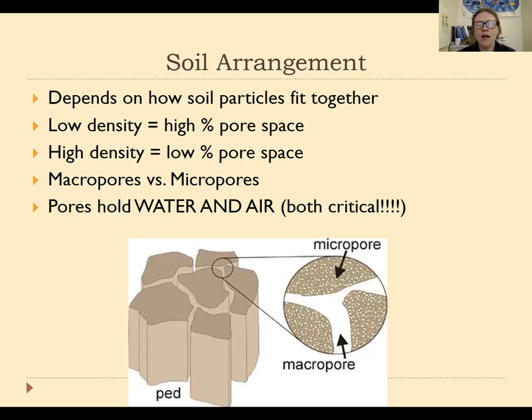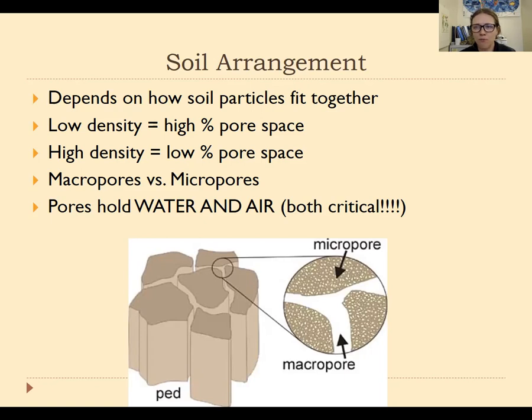And so as they clump together, we have aggregates, and within those aggregates, there's going to be tiny little spaces. Those are called micropores. And then in between the aggregates, we're going to have bigger spaces that can facilitate the movement of water and air. And those are called macropores.